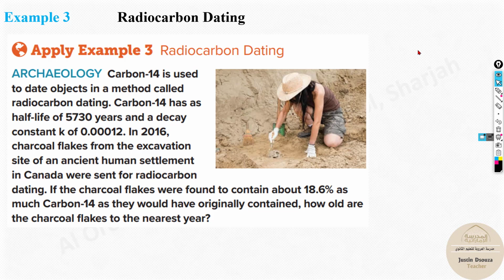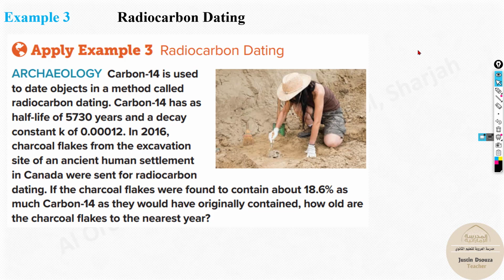In 2016, charcoal flakes from the excavation site of an ancient human settlement in Canada were sent for radiocarbon dating. If the charcoal flakes were found to contain about 18.6% as much carbon-14 as they would have originally contained, how old are the charcoal flakes to the nearest year?